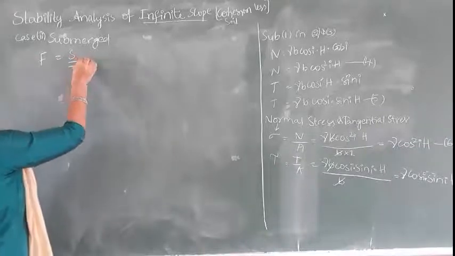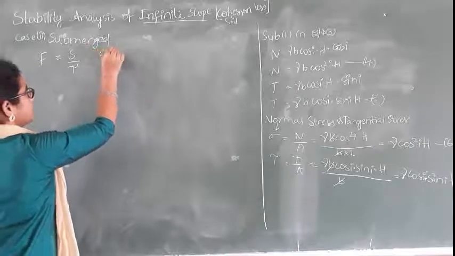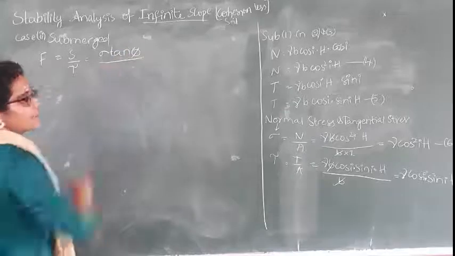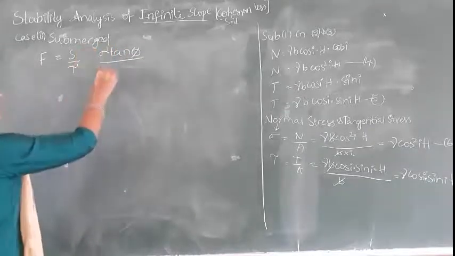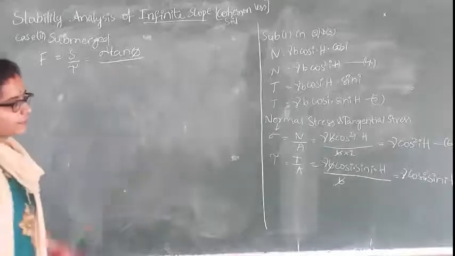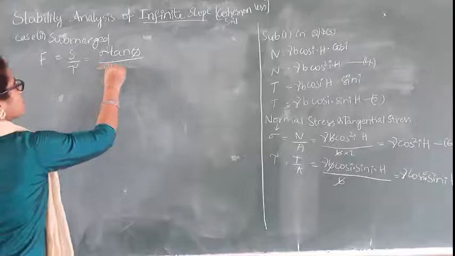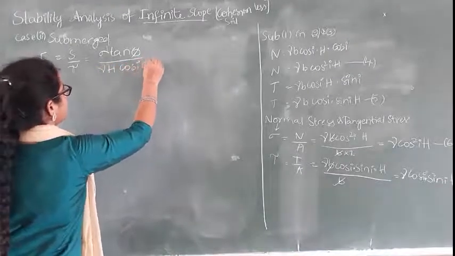Right? So from Mohr-Coulomb's equation for cohesionless soils, shear strength is equal to sigma dash tan phi, and tau is equal to what? From the 7th equation, gamma H cos i sin i.